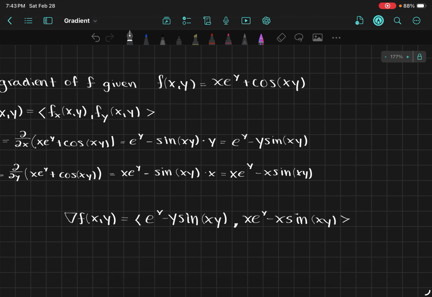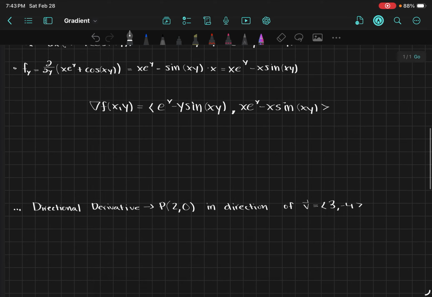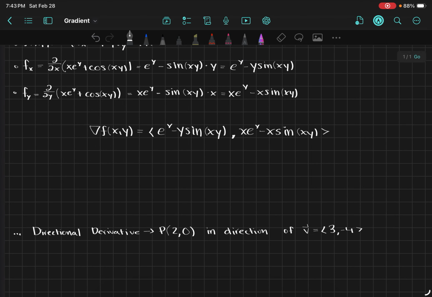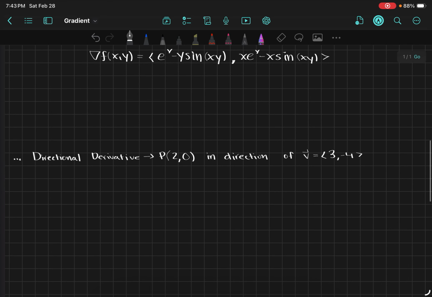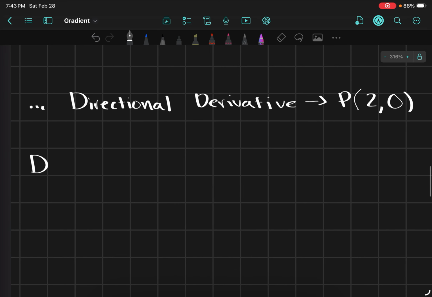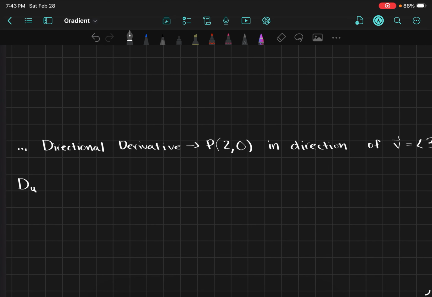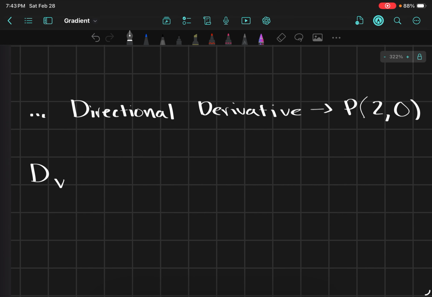Well, let's go ahead and apply this into our directional derivative. Big surprise here. So our directional derivative in the direction of v, my fault, of our function at (2, 0) is just going to equal what?